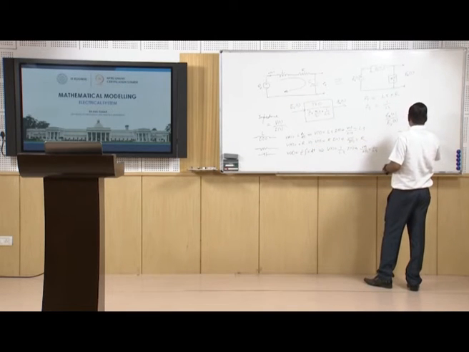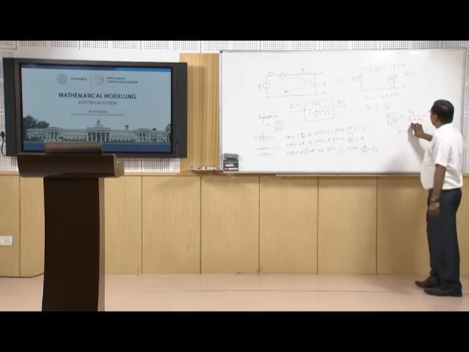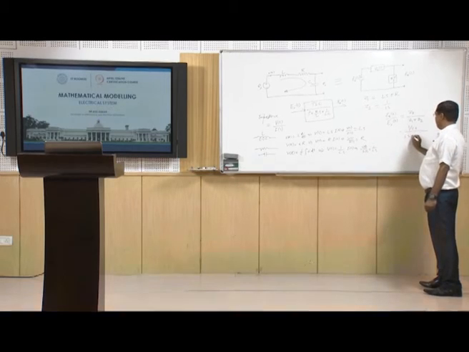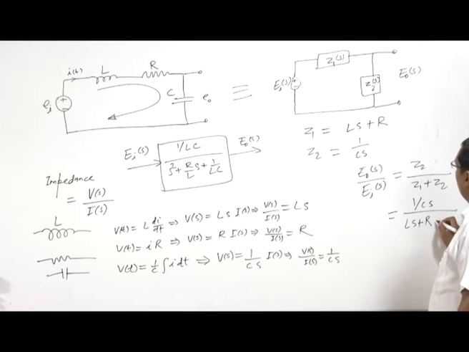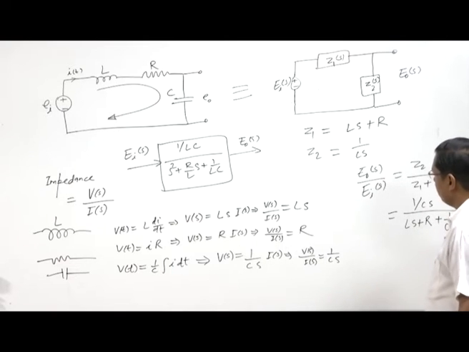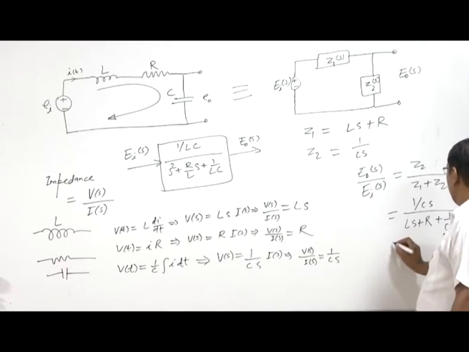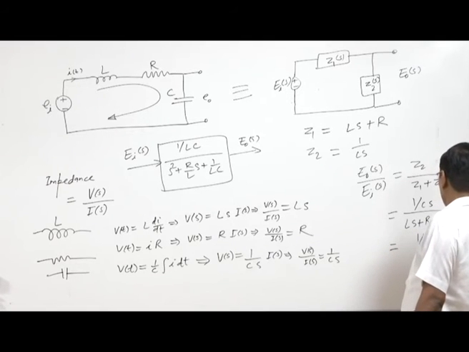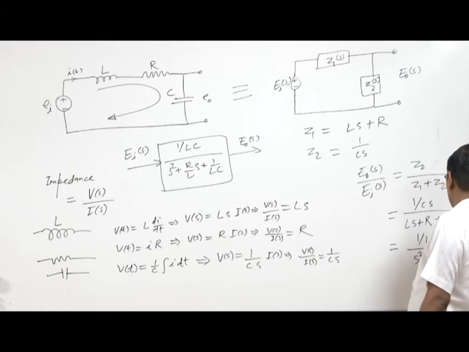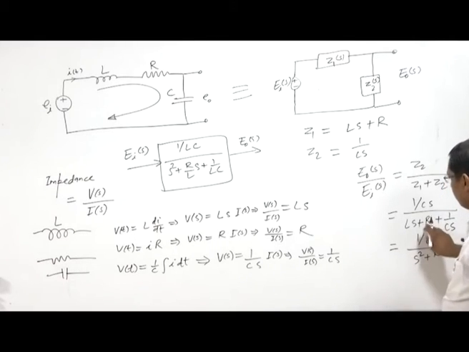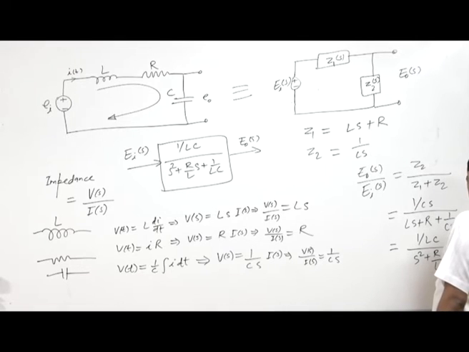So, Z2 is 1 by Cs and Z1 is Ls plus R, and Z2 is 1 by Cs. So, we can again simplify it: 1 by LC upon S square plus R by L S plus 1 by LC.